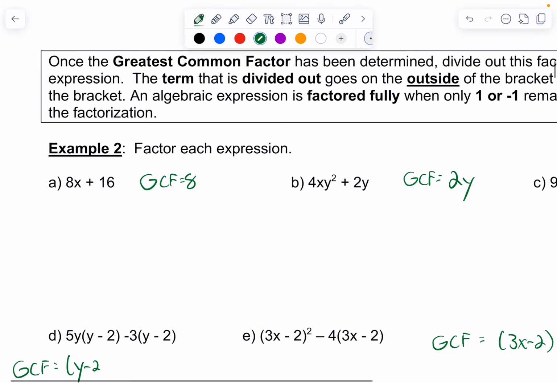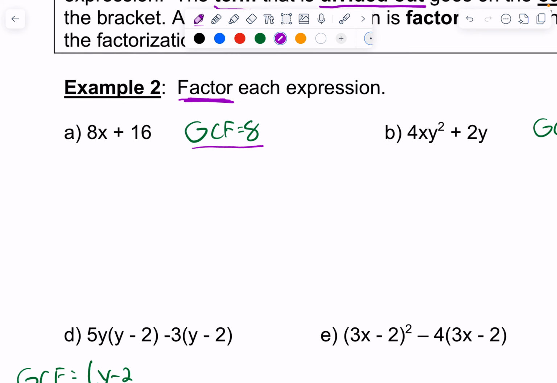Now, the purpose of identifying the GCF, I was going to say this before and I forgot, is for when we're actually doing the factoring, okay? So now we are actually factoring, and what factoring is, you are dividing out each term by the GCF. So when you divide out, you are dividing this term by 8, 8 being our GCF, and you're dividing this term by that 8.